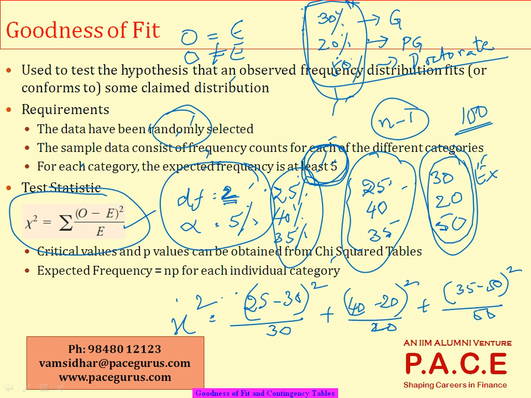Any expected frequency that is going to come below 5, please club that category, because we are using discrete data to convert it into continuous data, approximating it to a chi-square distribution. The chi-square distribution will be more effective only when I have a minimum of 5 as part of my expected frequency.